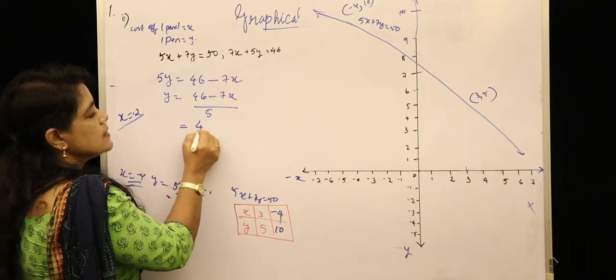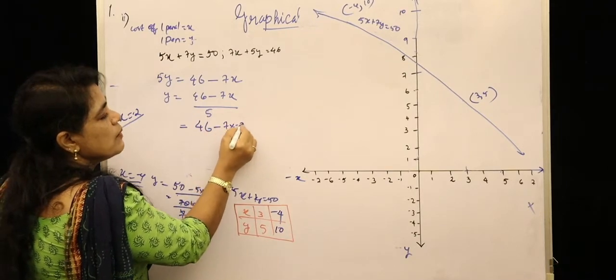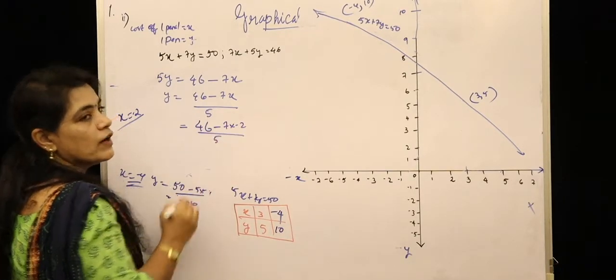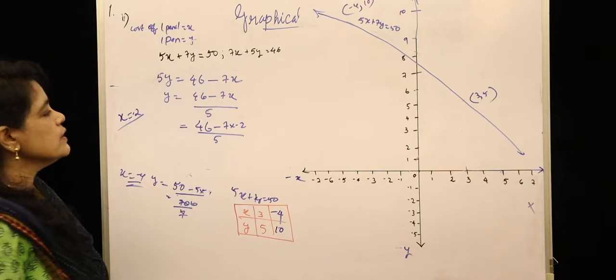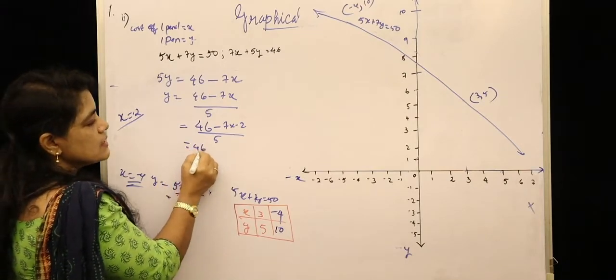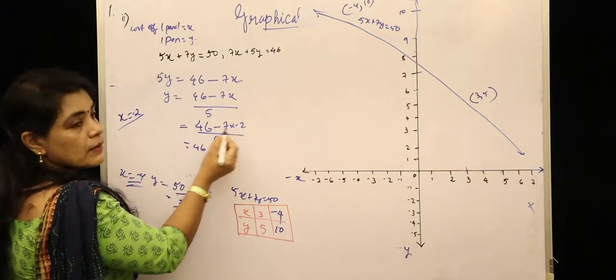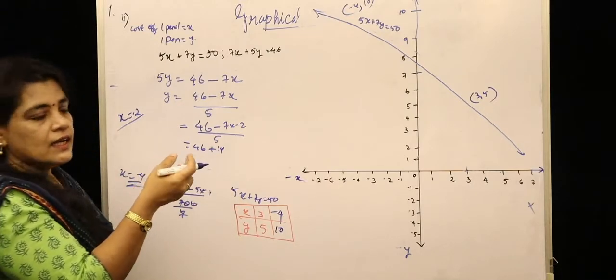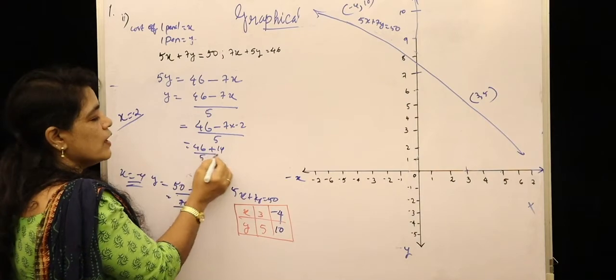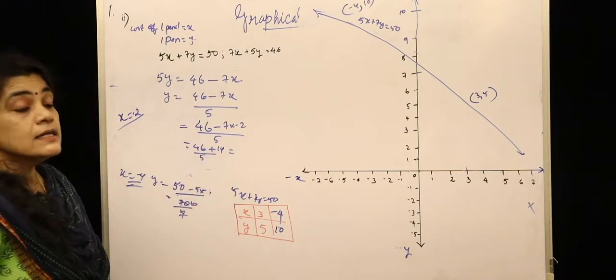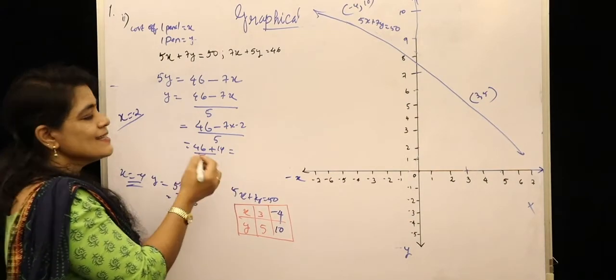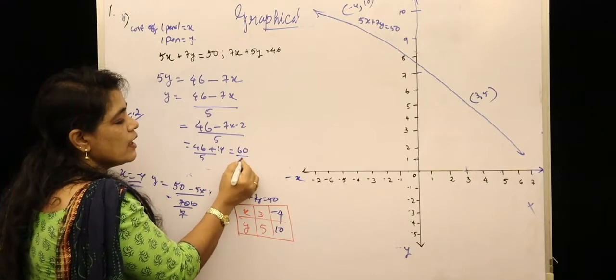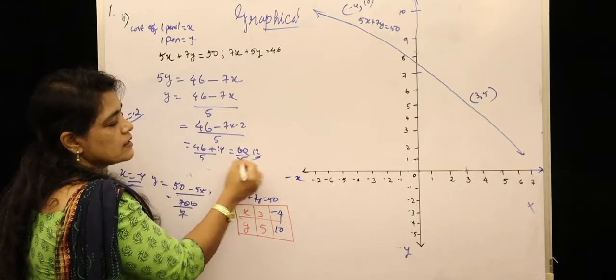So 46 minus 7 into -2 divided by 5. Children, 46, minus and minus plus, 14, 46 and 14 divided by 5. Here you will be getting 60. 46 plus 14 is 60, in 5, that is 12, 5 12s are 60.